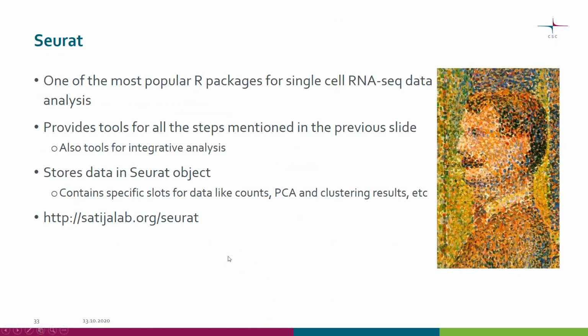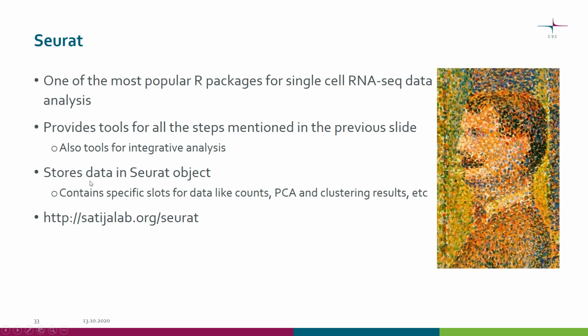Now in Chipster, many of the tools we will use are based on the Seurat package. So Seurat is one of the most popular R packages for single-cell RNA-seq data analysis because it actually provides lots of tools for all the steps I mentioned in the previous slide and also for the integrative analysis of several samples.